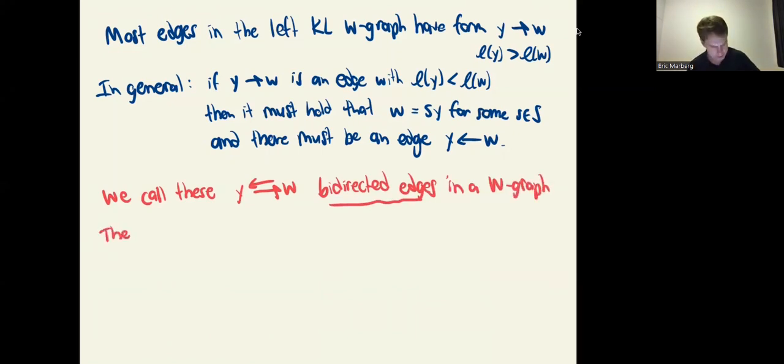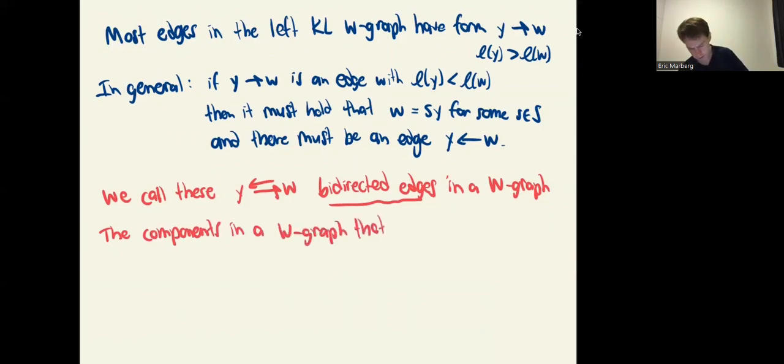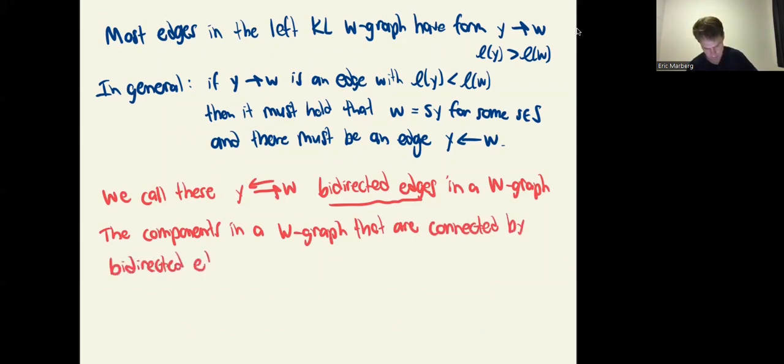And the sets of vertices, or let's say the components in a W graph that are connected only by bidirected edges are called the molecules.